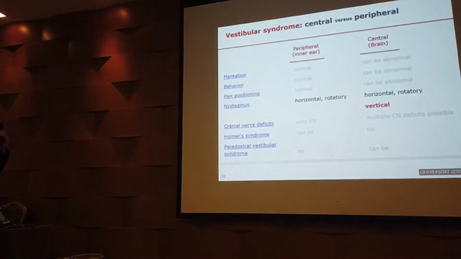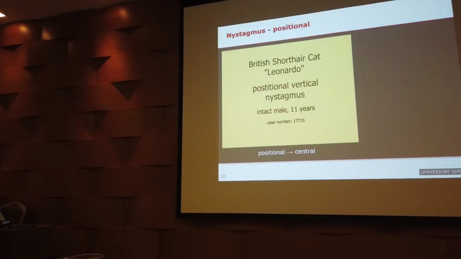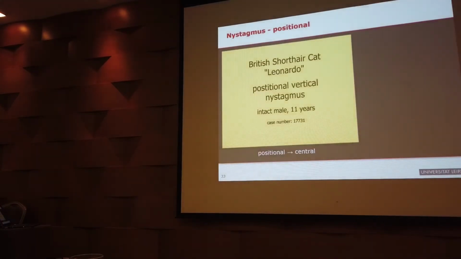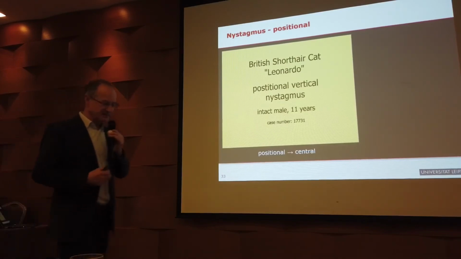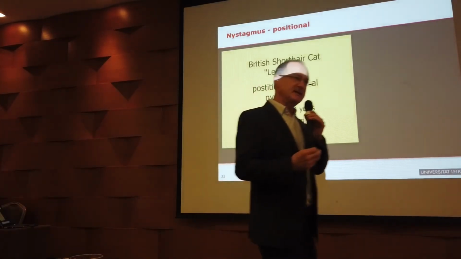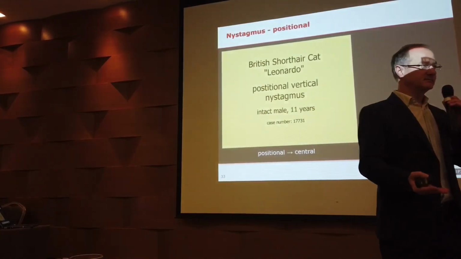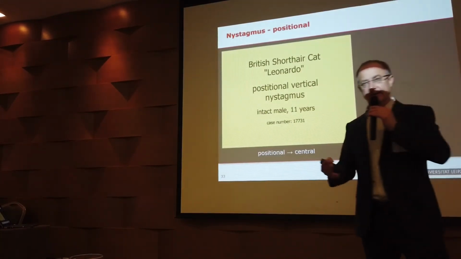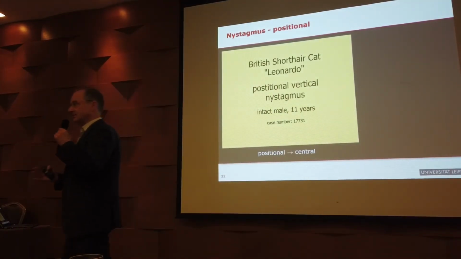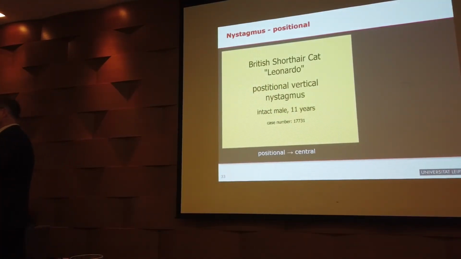Something else. Positional nystagmus. What does that mean? Nystagmus that is seen only if you change the body position, or if the type of nystagmus does change if you change the body position. What do I mean by changing the body position?